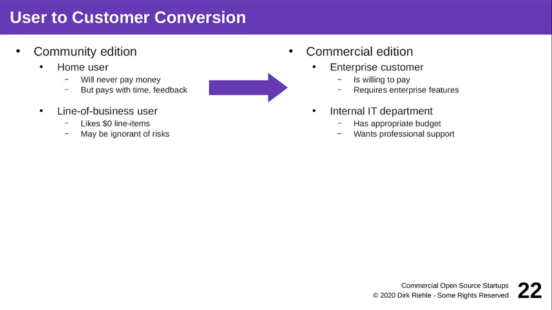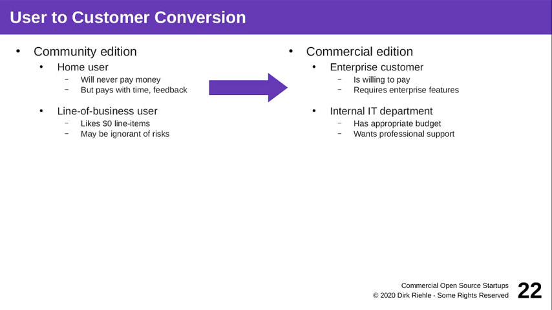The community edition often also is used by line of business users who like that they have to pay nothing for their own innovative application or for a component in there. And they may be kind of ignorant of the operating risks that come with using software for free, which will be very different from an internal IT department, which looks at the software and says, no, we are not going to operate open source software.